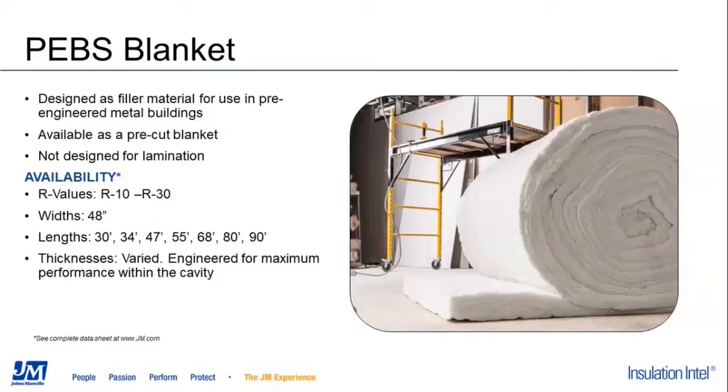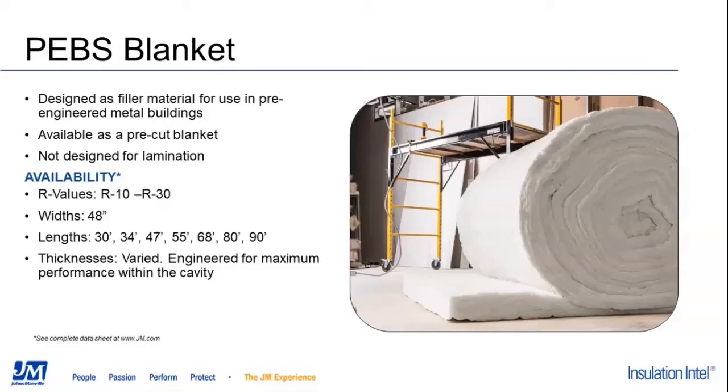We do have several R values we produce this blanket at, ranging from R10 to R30. And our standard width is going to be 48 inches, but we also have the ability to produce 60-inch and 72-inch wide rolls. And then you can see the different lengths here, and that's really determined by our manufacturing capabilities. And typically as the R value and thickness increase, the roll length is going to shorten.